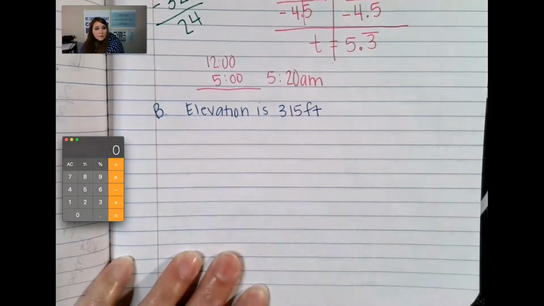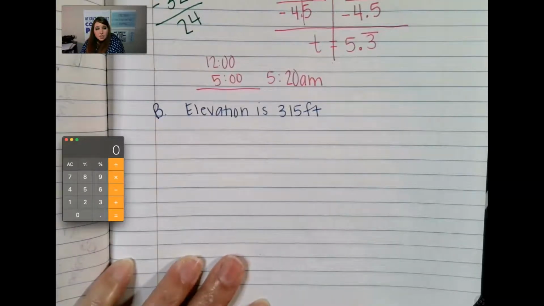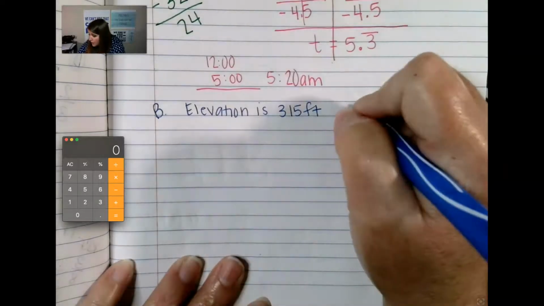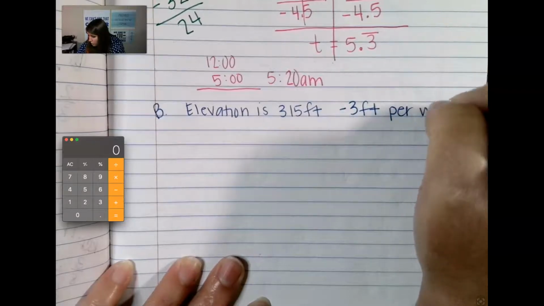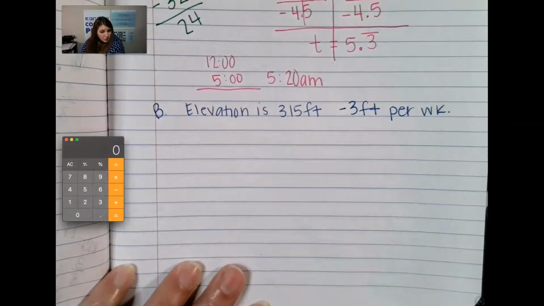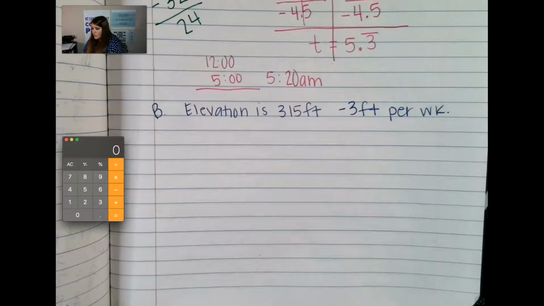During a drought, so when there's no water, the level of the lake changes by -3 feet per week. So there's a change of -3 feet per week, because that means it's going down. So it's going down per week. How long will it take for the surface to reach 299 feet?